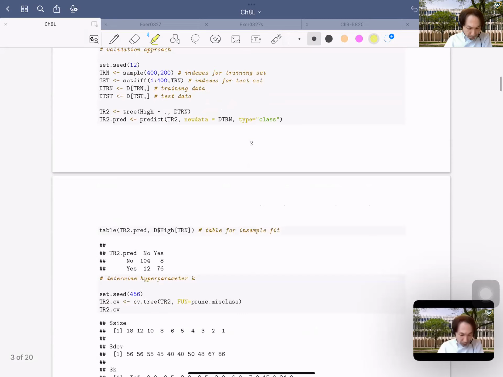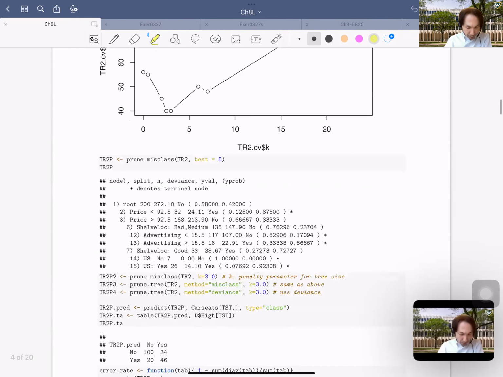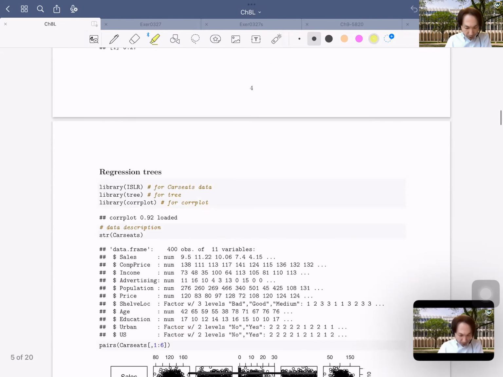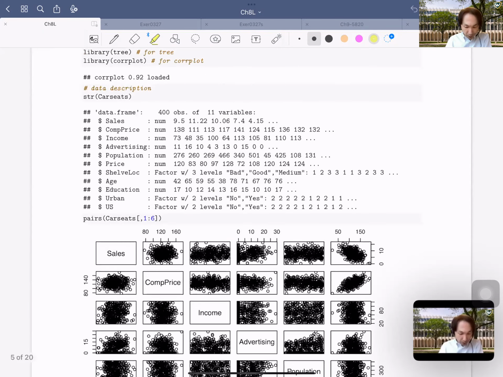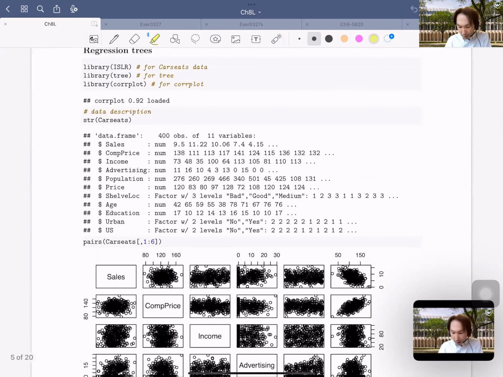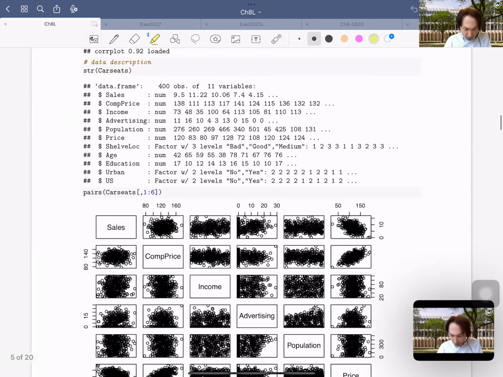I updated this chapter 8 lab slide, and we are doing the forecasting for this car seats data. We have 400 observations, and we want to predict the sales of each store of car seats.